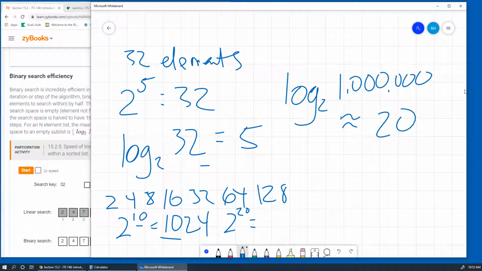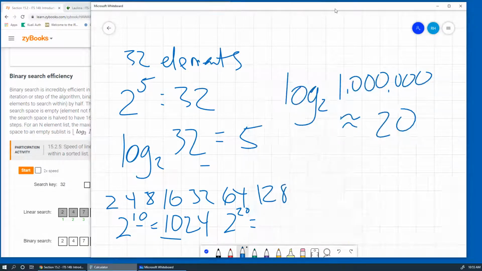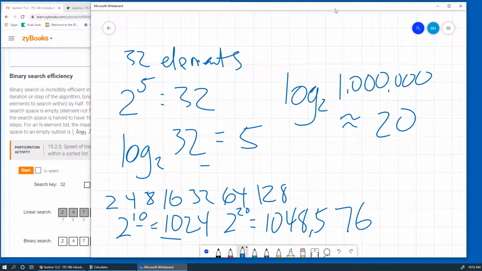Well, it's 1,048,576. Okay, so that's kind of how you remember.